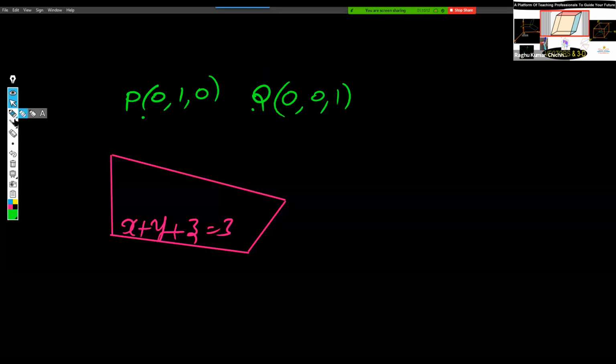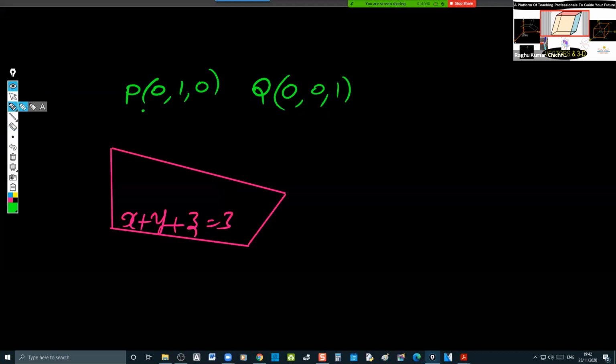What is the meaning of orthogonal projection here? These are the 2 points here whose orthogonal projection is needed. Let me make it a little more slant so that you'll better understand it. Let me mark Q here. And we need orthogonal projection of PQ. This is a line PQ.